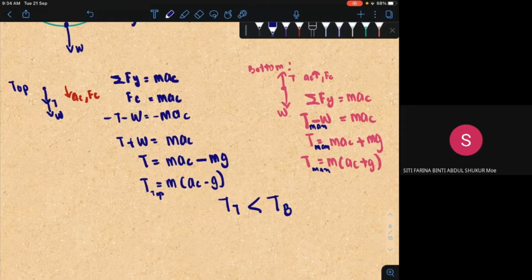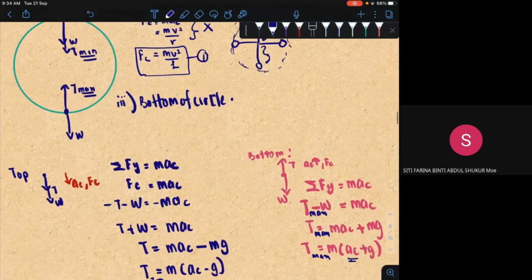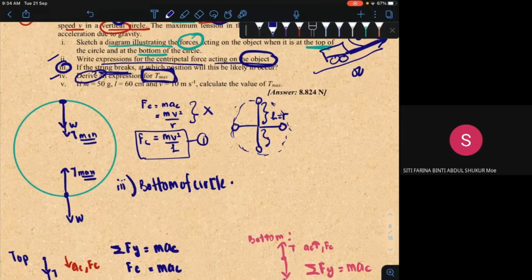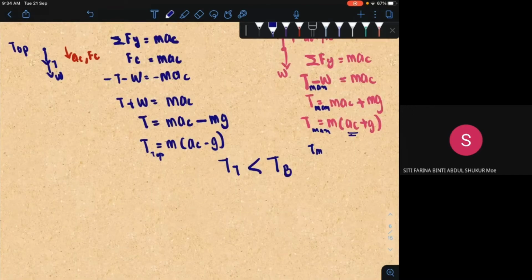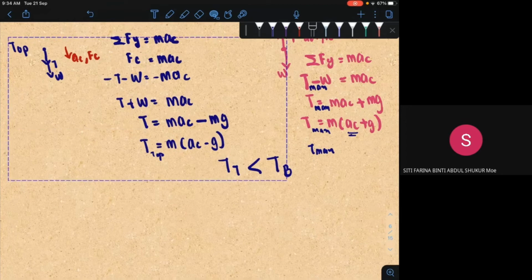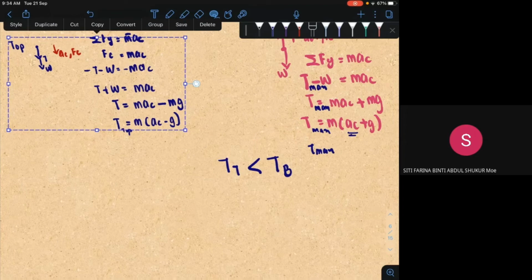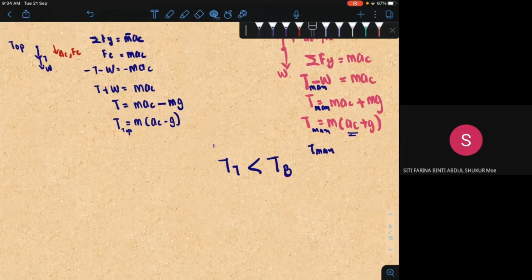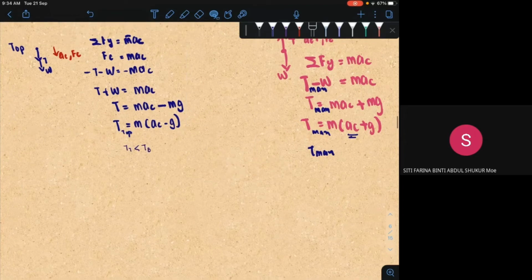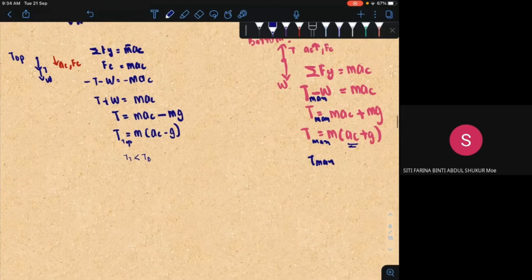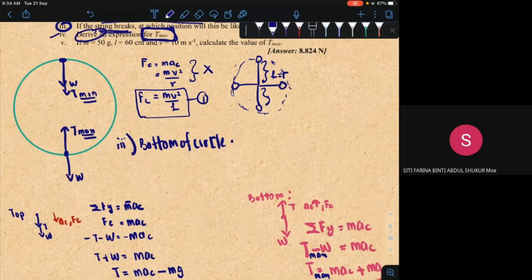However, your AC kita tak boleh tinggal macam ni. Untuk soalan ini sebab dia suruh derive expression, AC tadi was T maximum here. T maximum tadi, AC kita adalah V square over L. So saya akan substitute itulah.